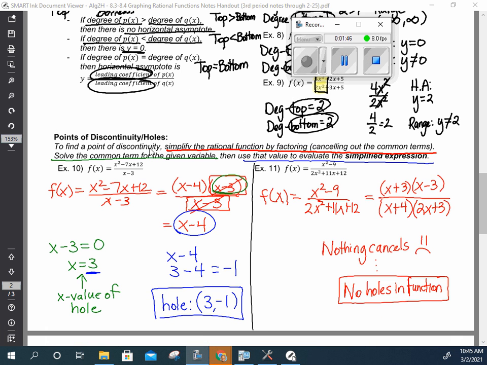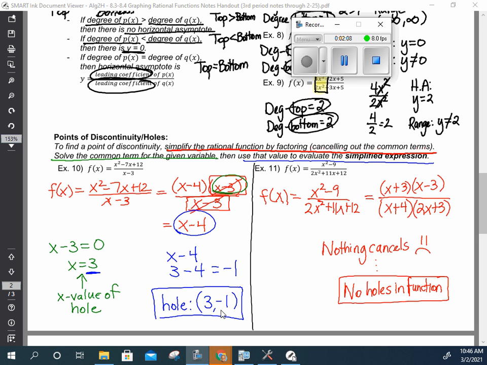And then lastly, points of discontinuity, which was one of the extra credit questions from your quiz. Take the function, simplify it. Whatever part cancels out, you set that part equal to 0, and then plug it into whatever's left over.